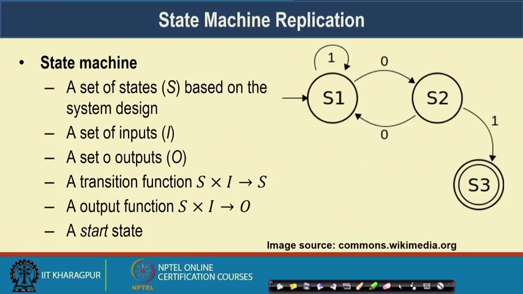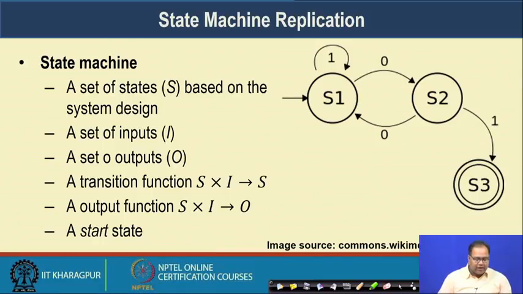So, let us look at what is meant by state machine replication. A state machine can be characterized by a set of parameters. First, a set of states based on the system design. Here, in this particular example, you have 3 states: S1, S2 and S3.